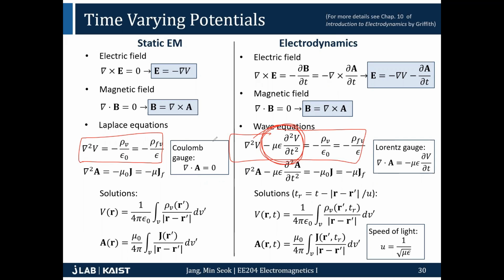Instead of only a space-dependent term, here you have a time-dependent one. And this equation is called the wave equation. Why is this called the wave equation? Well, we will learn soon. But anyway, this is called the wave equation.